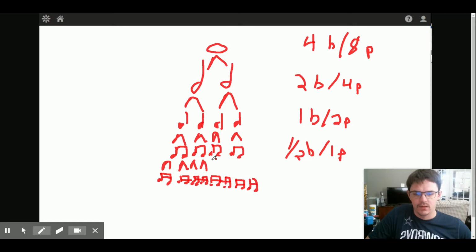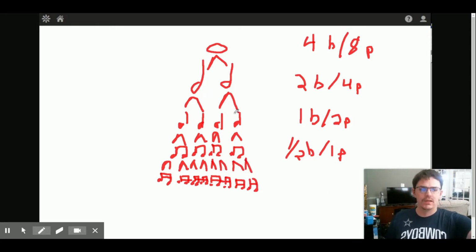And ta-da, some poorly drawn 16th notes. But following the pattern, we know we're just going down by half every single time we go smaller.